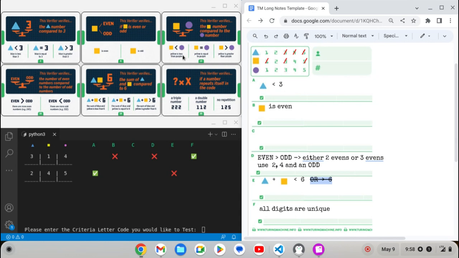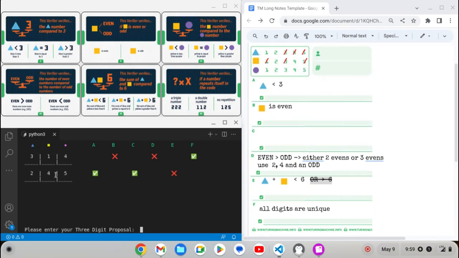All right, so we are able to compare in criteria C. So let's test C. That may help us out. Okay, so that is also correct. So for criteria C, we're comparing square and circle, and notice that in my proposal, I have 4 being less than 5.